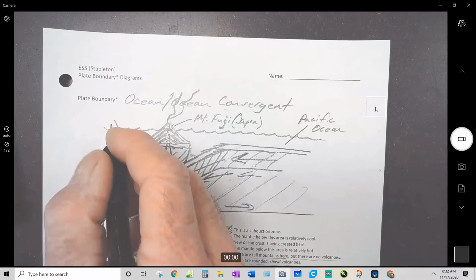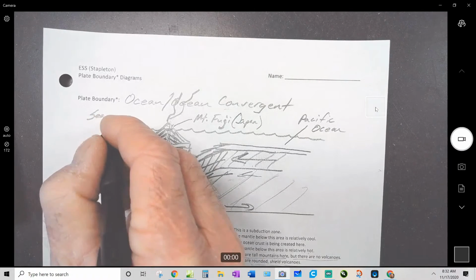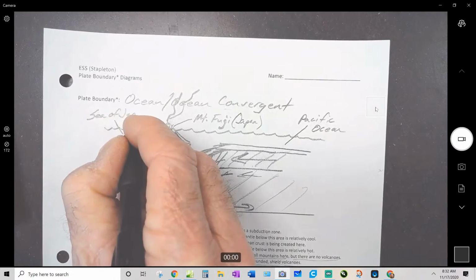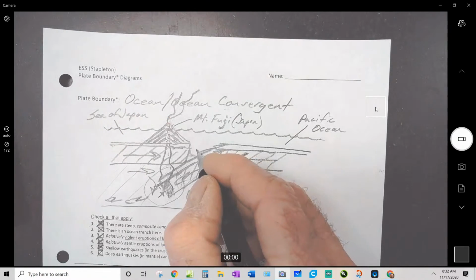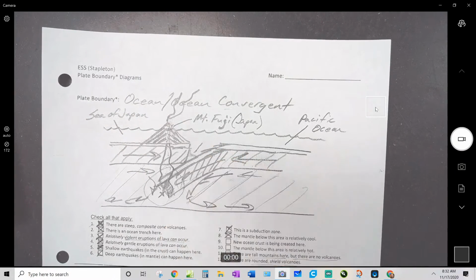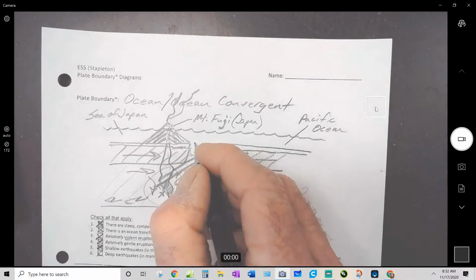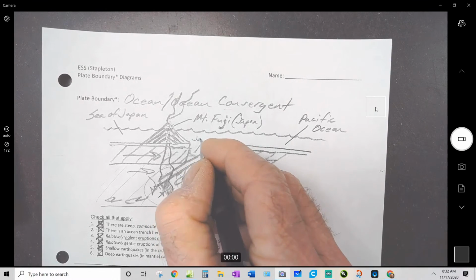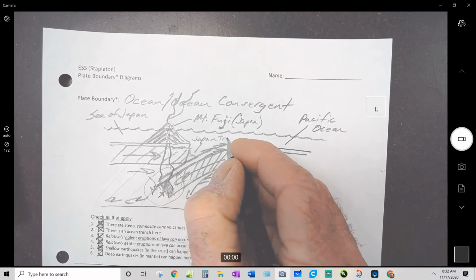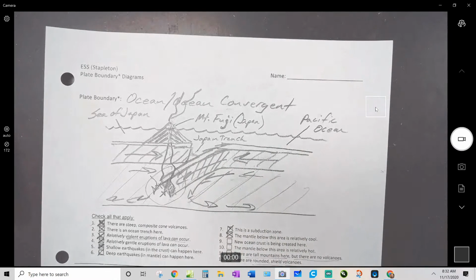And this, I think, is the Sea of Japan. We'll check on it. And can anybody guess what this trench is called? The Japan Trench, I think. Could be wrong. So those are all examples of where we have this sort of thing.